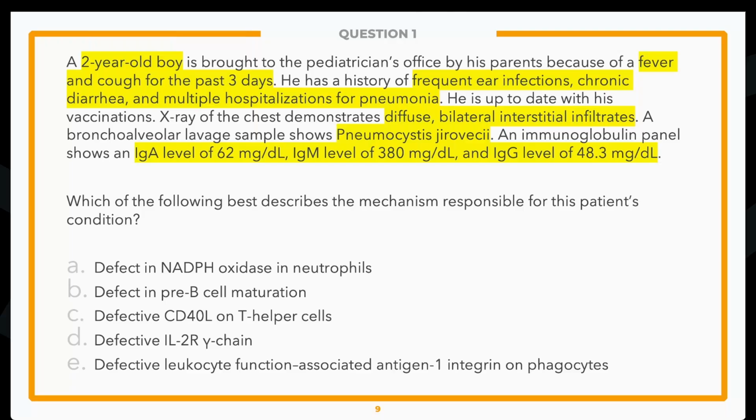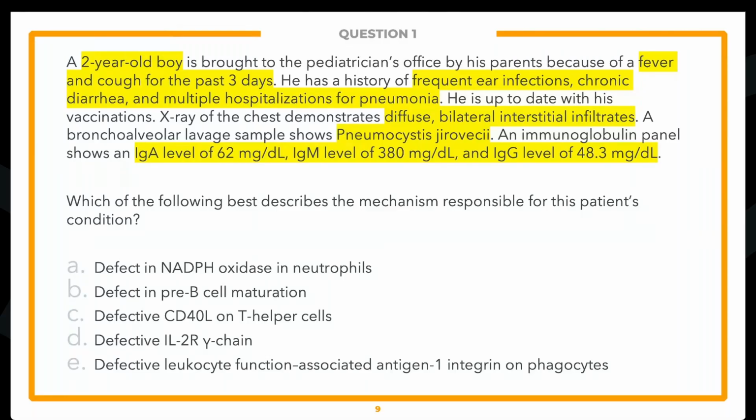We've got our classic options here, A to E. I like to start with E and make my way up to make sure I go through all the options and don't get caught up on the first one I see that could be the answer. Option E, defective leukocyte function associated antigen 1 integrin on phagocytes. We'll talk about what all these mean as well.